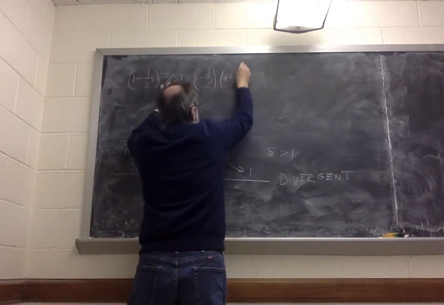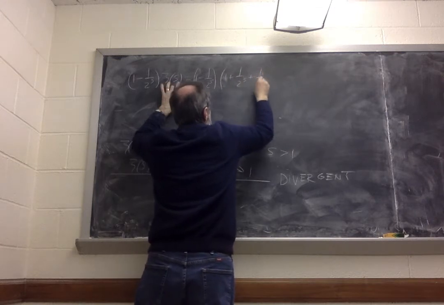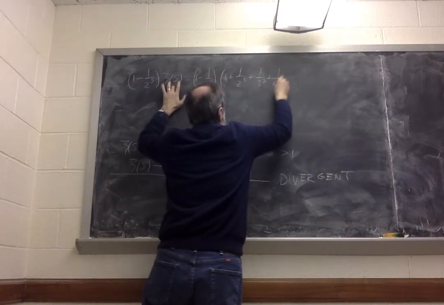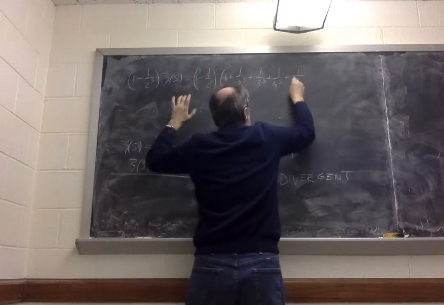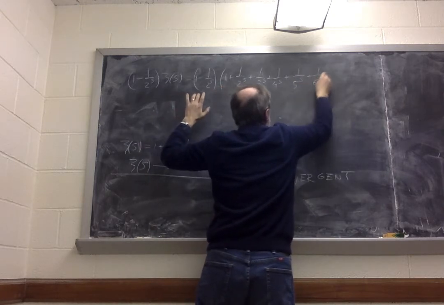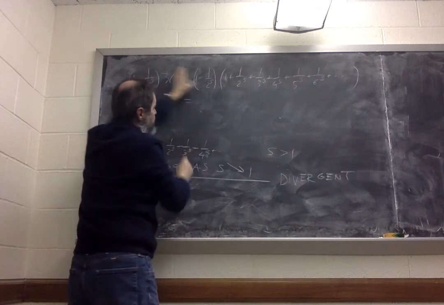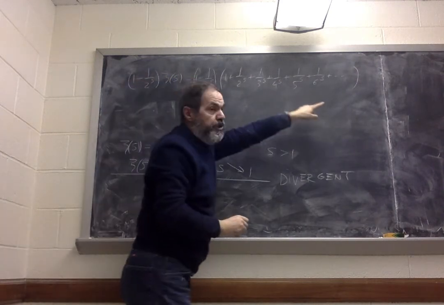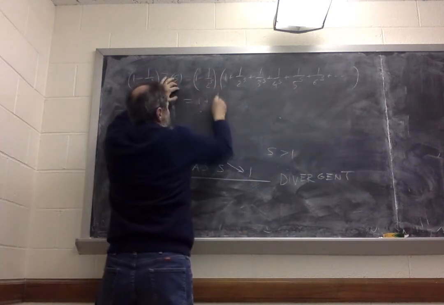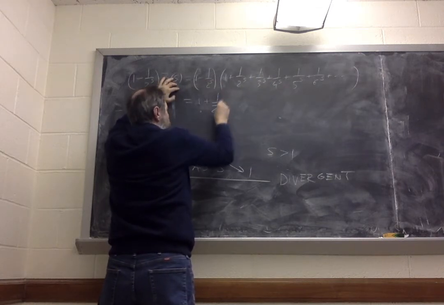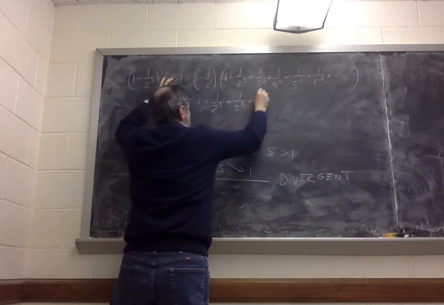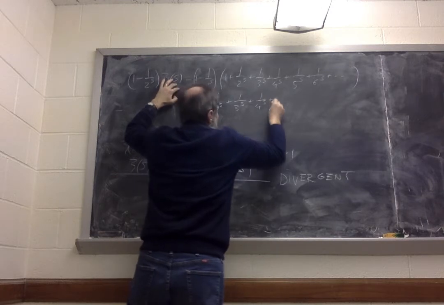But zeta is 1, plus 1 over 2 to the s, plus 1 over 3 to the s, plus 1 over 4 to the s, all the positive integers. 1 over 5 to the s, 1 over 6 to the s, and so on. And when I multiply these things, I get 1 times each one of them. Is that number, 1 plus 1 over 2 to the s, 1 over 3 to the s, 1 over 4 to the s.